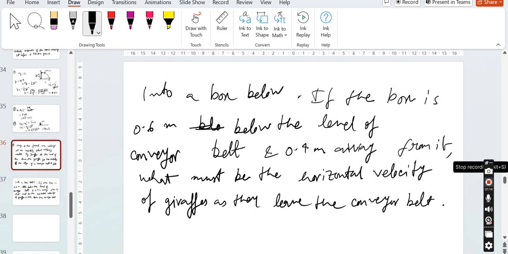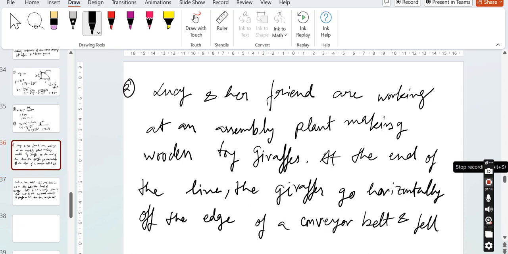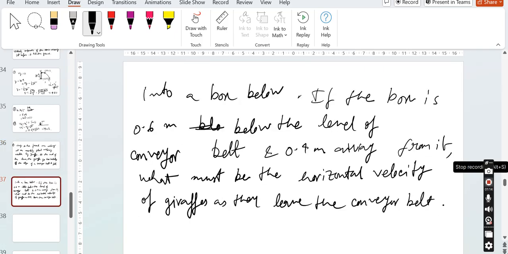So they are making giraffes. So at the end of the line of the conveyor belt, the giraffe goes horizontally off the edge. So like this is the conveyor belt. At the end of the belt, this is the giraffe somehow. Just imagine a giraffe.